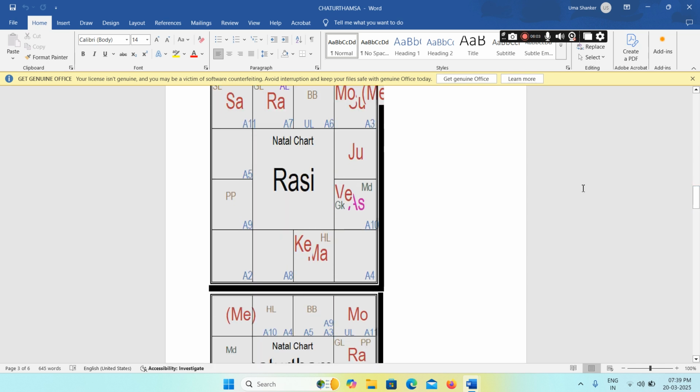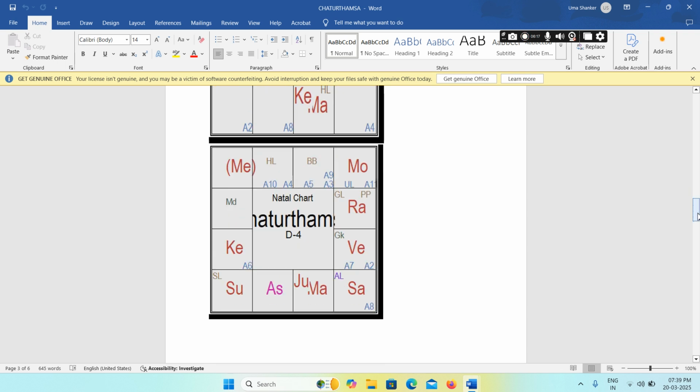Because it is falling into the first part, we have to place the planet in the same sign. So here Venus is coming into the first part because it is falling between 0 and 7.5, right?